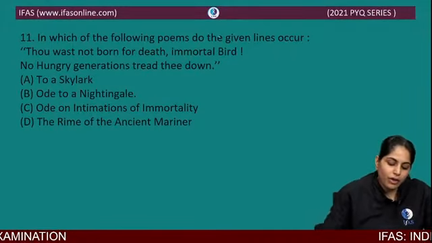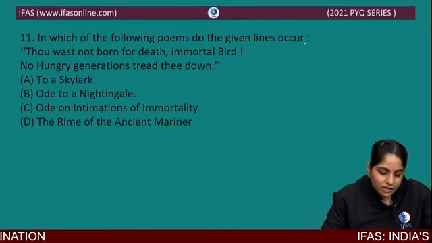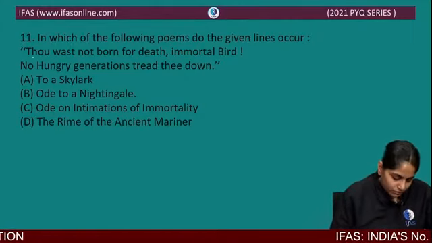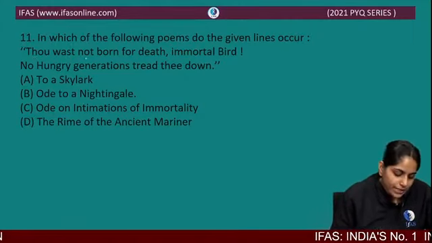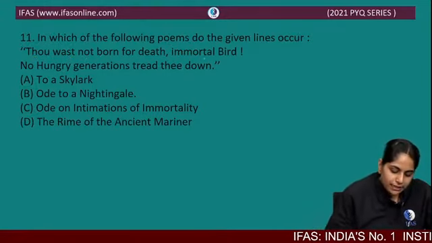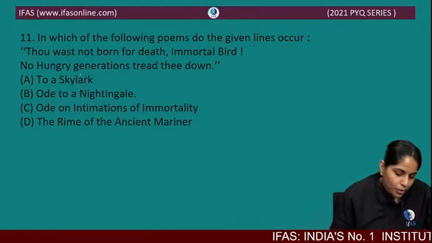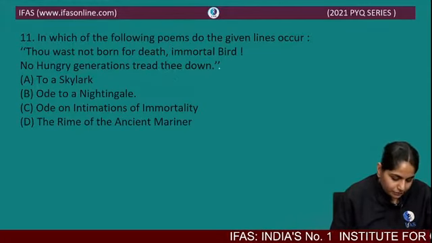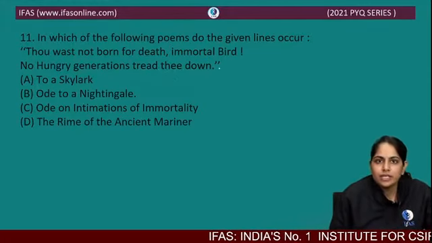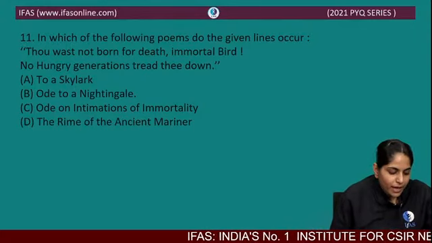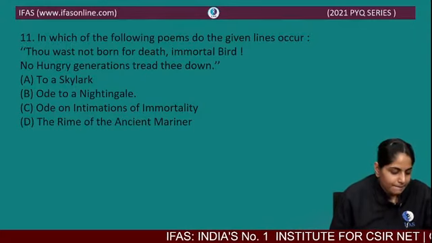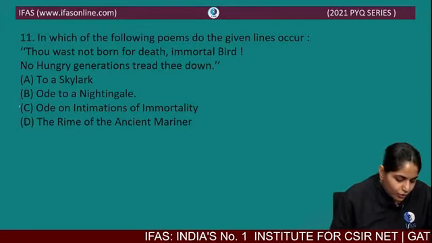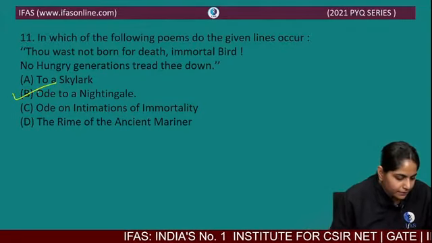In which of the following poems do the given lines occur? Thou wast not born for death, immortal bird. No hungry generations tread thee down. So this is a very famous writing in the Ode to a Nightingale.